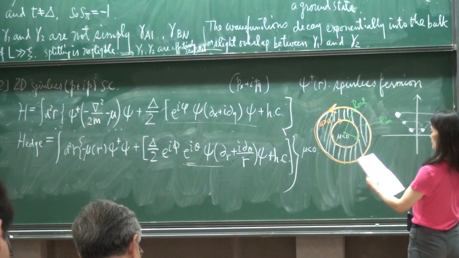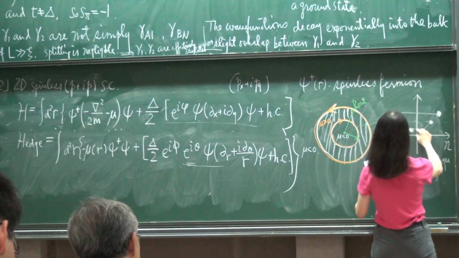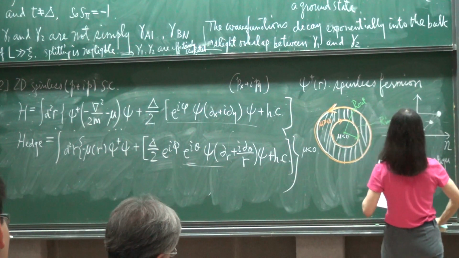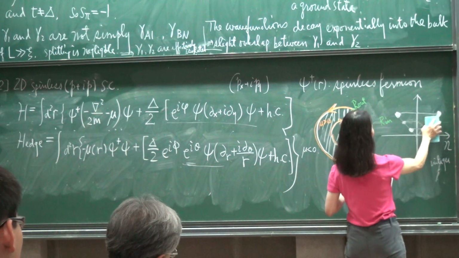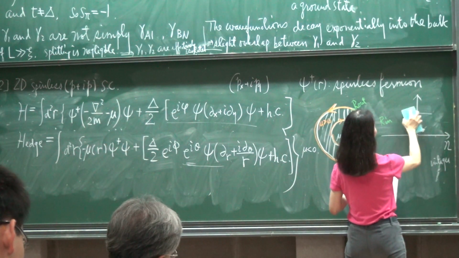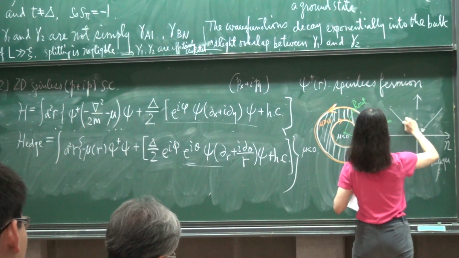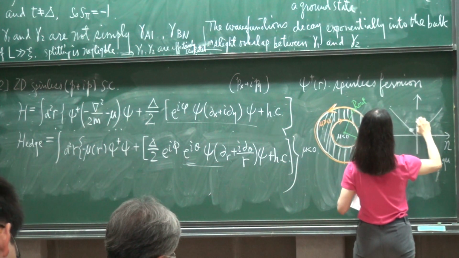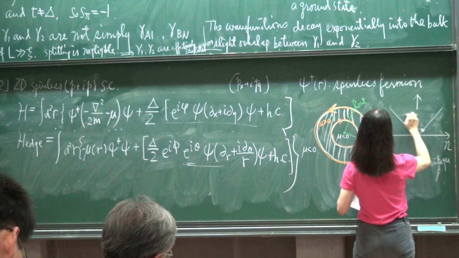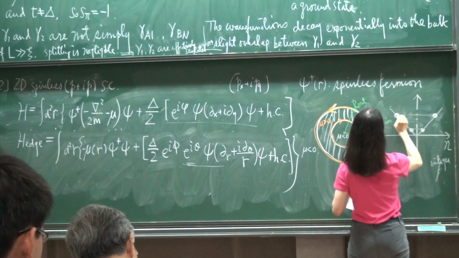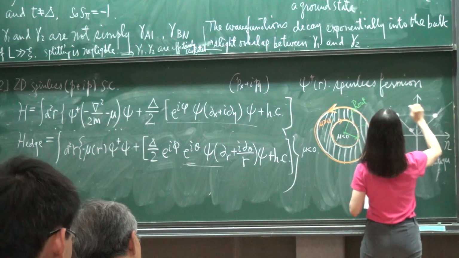I'm not drawing this very well. This is a half integer. And then I should double this. So these are the energy spectrum.